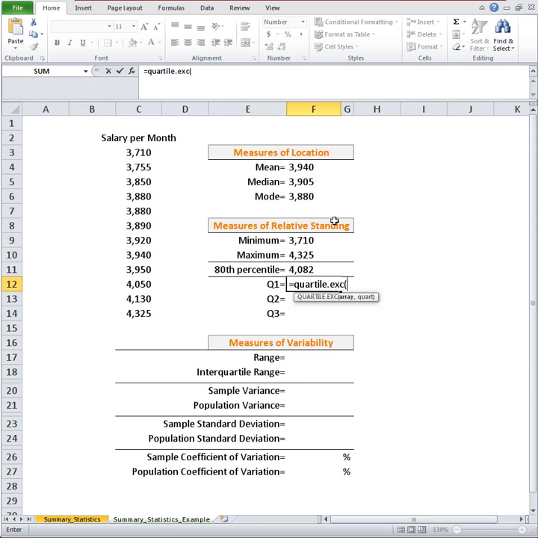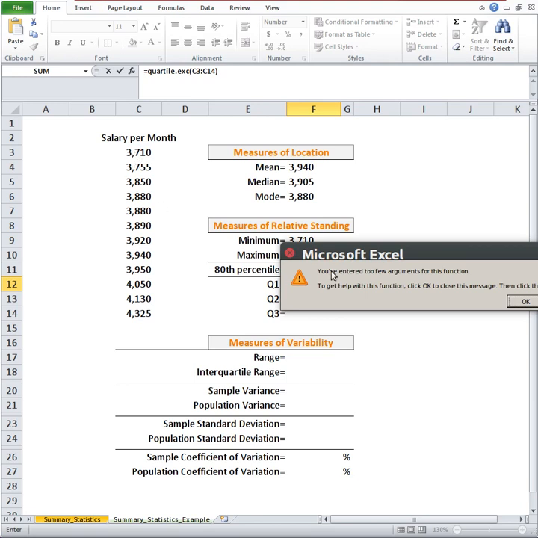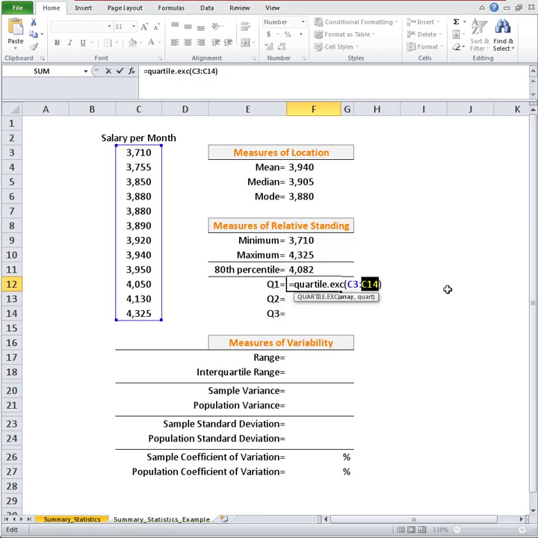Then we hit C3 and highlight all the way to C14. We finish and then we hit enter. Oh, sorry. I got an error, of course.